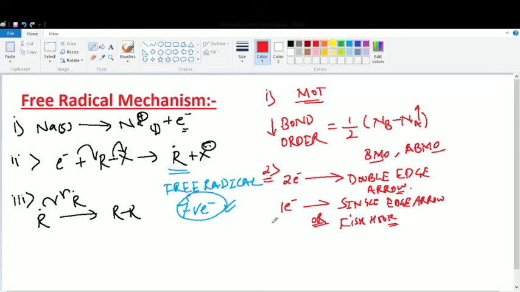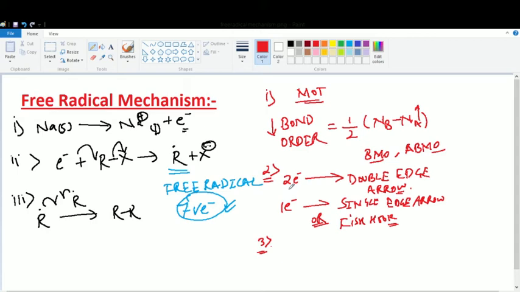Okay. Now the third thing is, as we know, the free radical has 7 valence electrons, and the definition of an electrophile is anything which loves to have electrons.